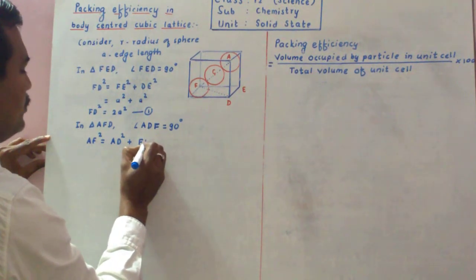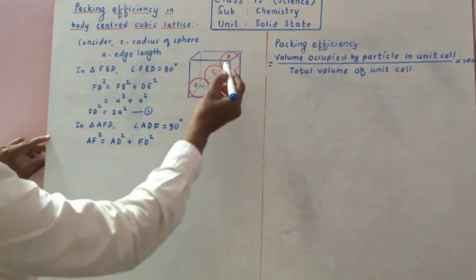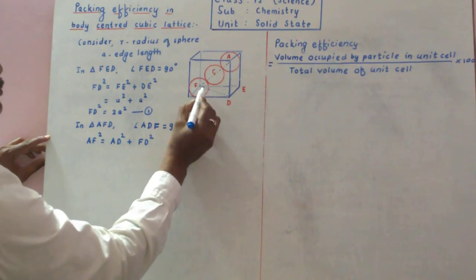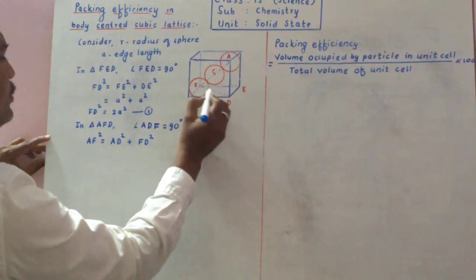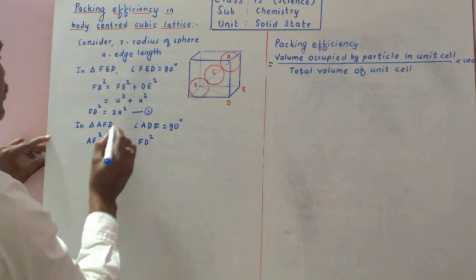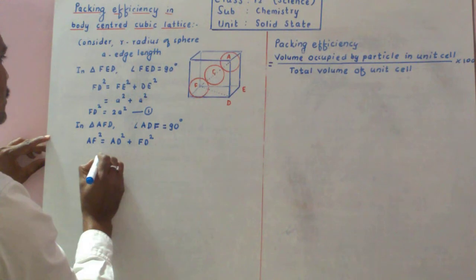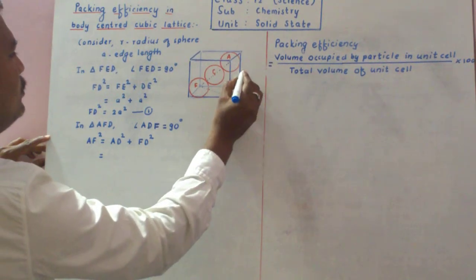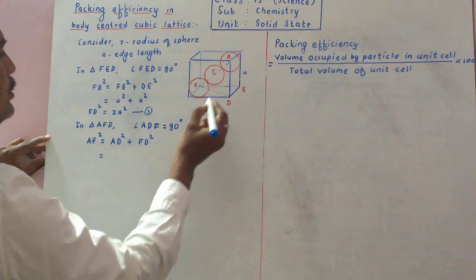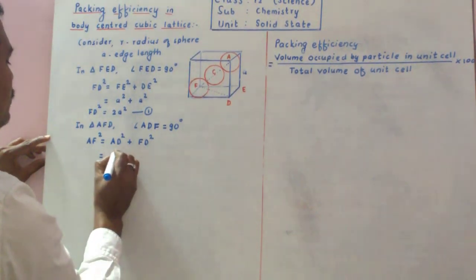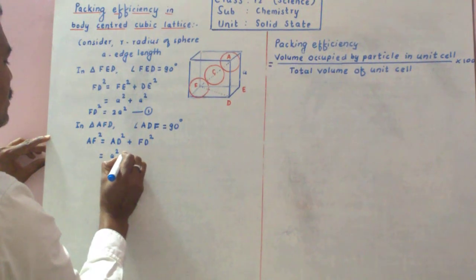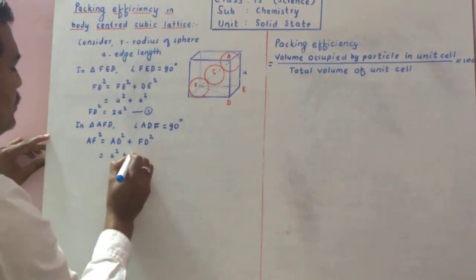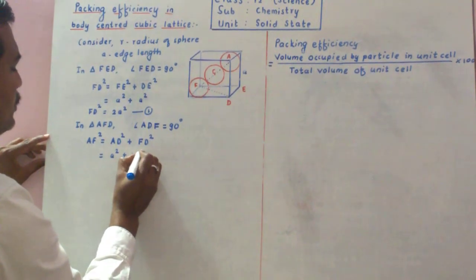We know AD is edge length, so AD square equals a square, and FD square we have already found is twice a square.